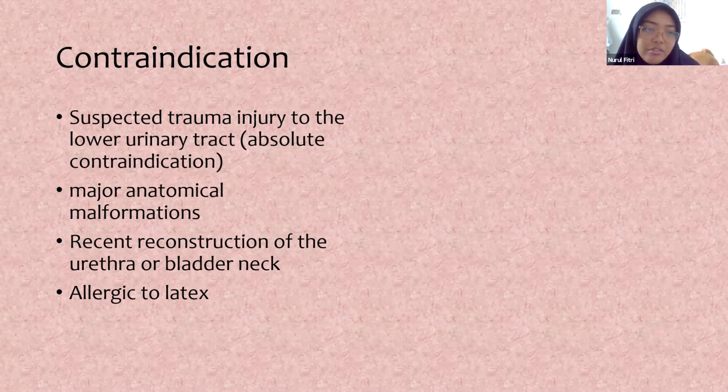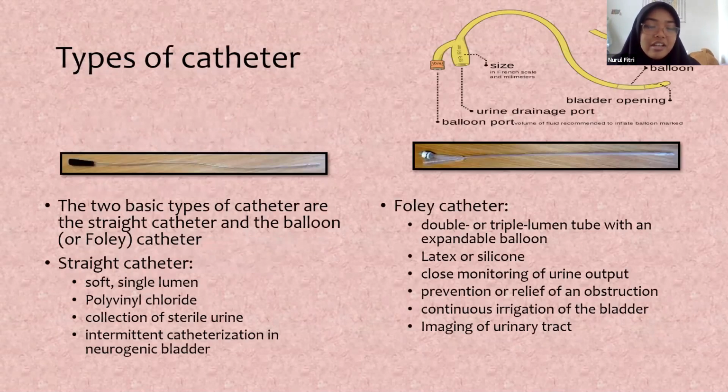Other relative contraindications are major anatomical malformation, recent reconstruction of the urethra or bladder neck, and allergy to latex, as many of the gloves or instruments are made from latex.